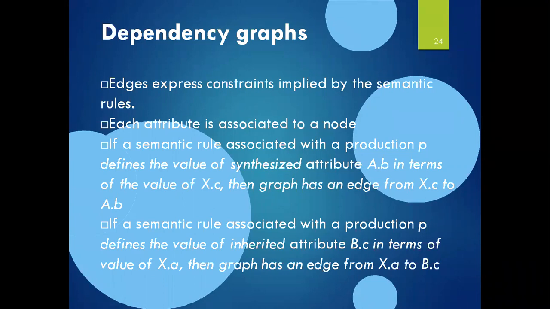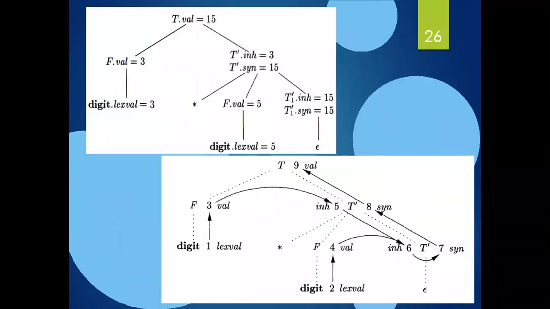And let's see a direct example. This is an example annotated parse tree, and this is a directed dependency graph along with the evaluation order. Again, I am not repeating the evaluation order here, I am only explaining along with the dependency graph. Make a note, the directed paths in the tree structure represent a directed graph.